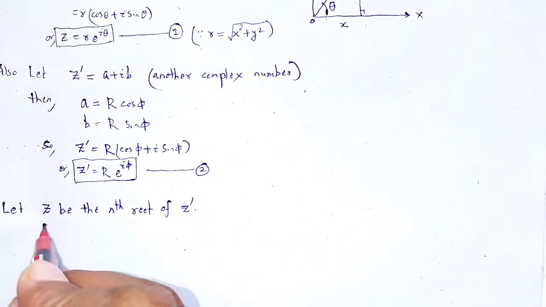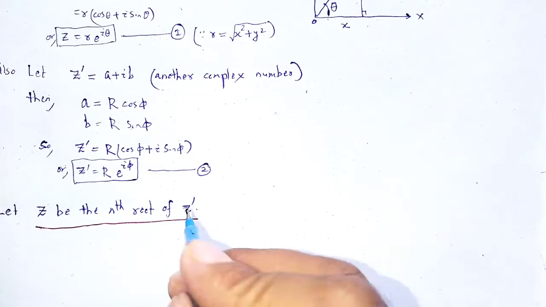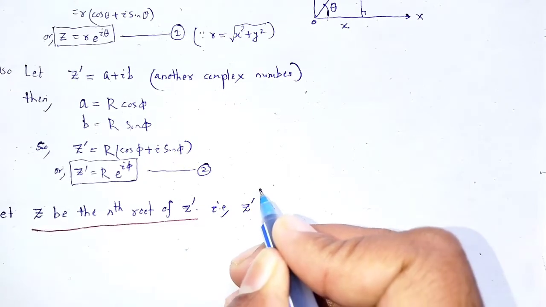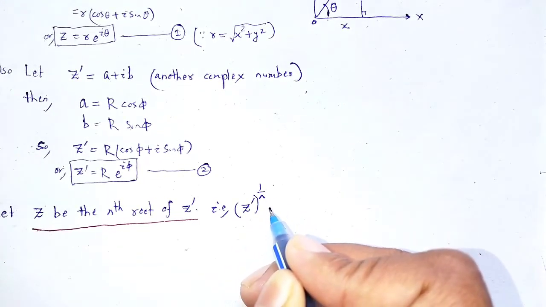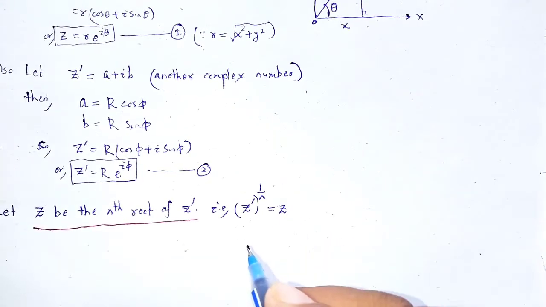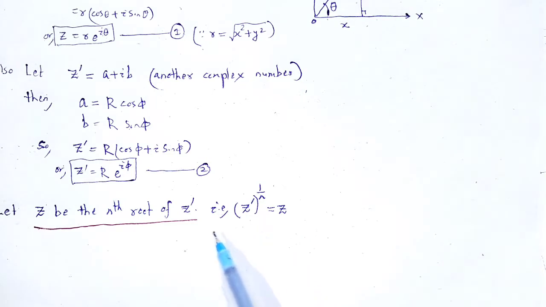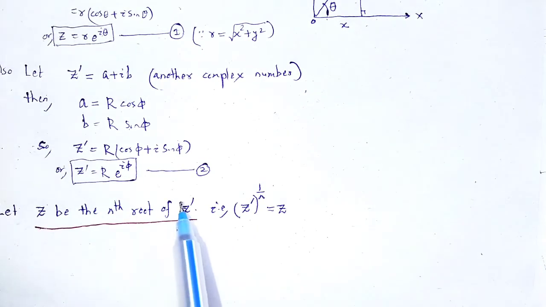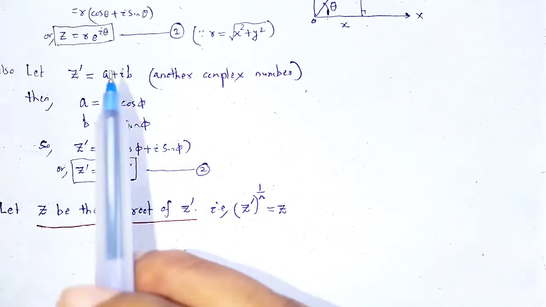Taking z as the nth root of z dash, that is z dash to the power 1 by n is equal to z. To find the roots of that complex number, we have to assume that z is the nth root of z dash. z is a complex number and z dash is also a complex number.